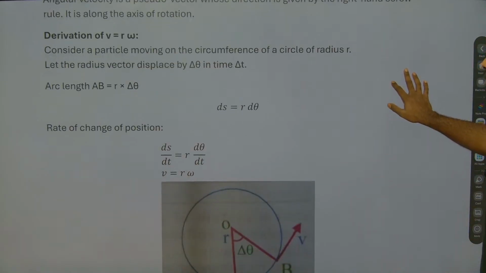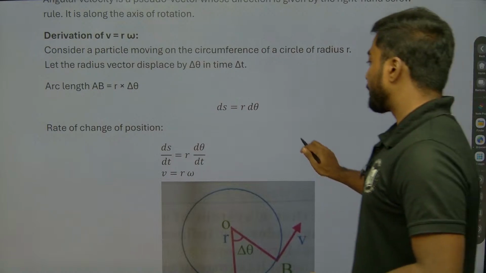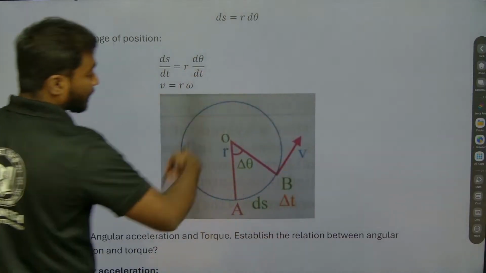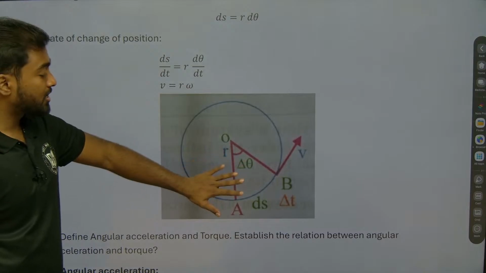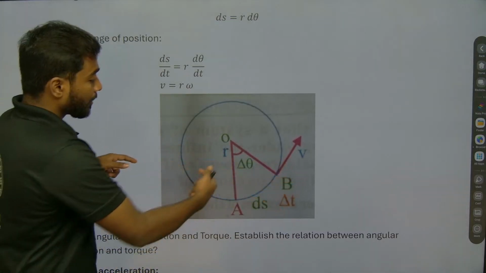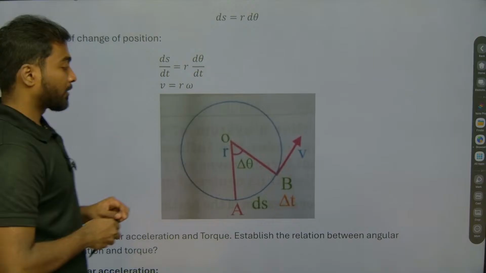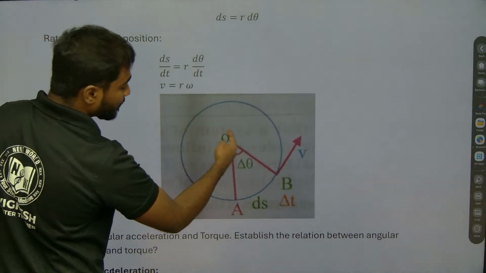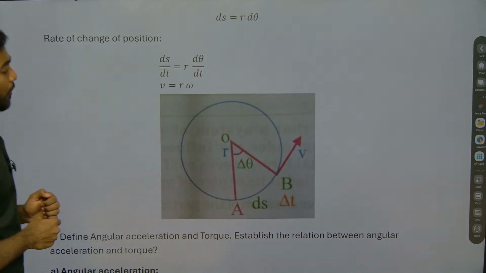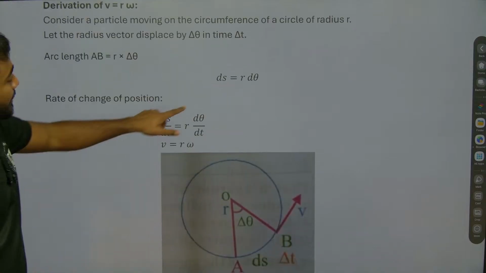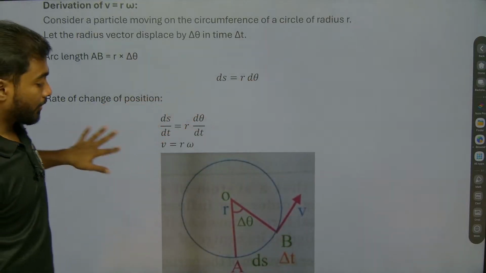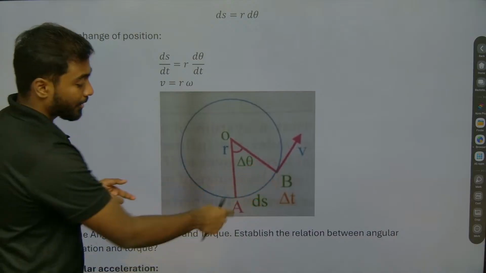So derivation, if you see, we know that when we talk about the circular path, the radius remains constant, and the velocity is v and the angular velocity will be omega, right? So when I talk about only this part AOB, from this ds will be equal to r into d theta. What is ds? This is my ds, like displacement.